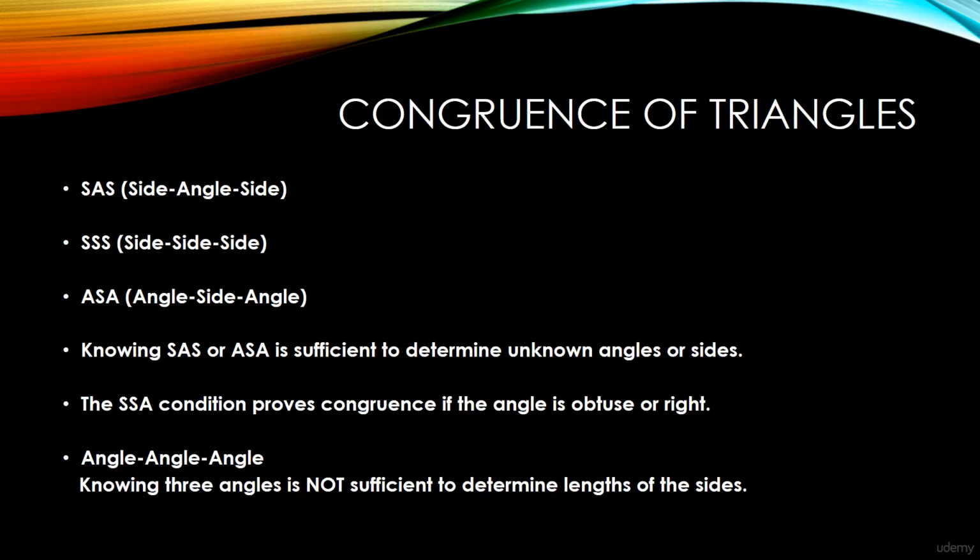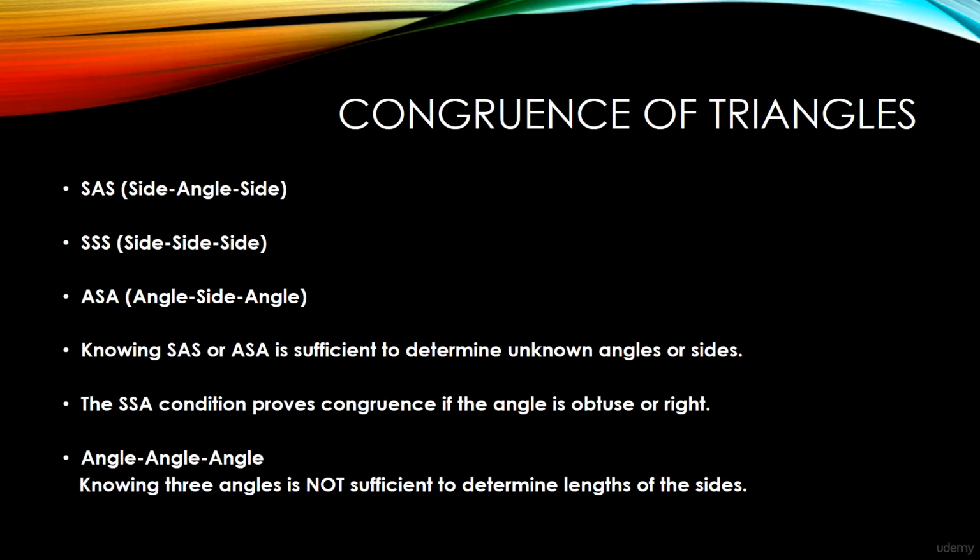Note an important exception. The SSA condition, side-side angle, which specifies two sides and a non-included angle, also known as ASS or angle side-side, does not always prove congruence, even when the equal angles are opposite equal sides.